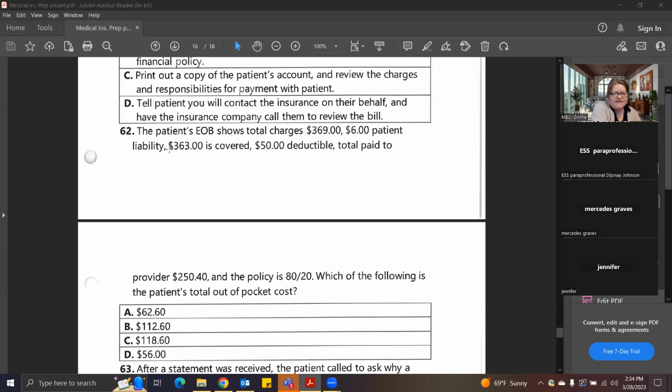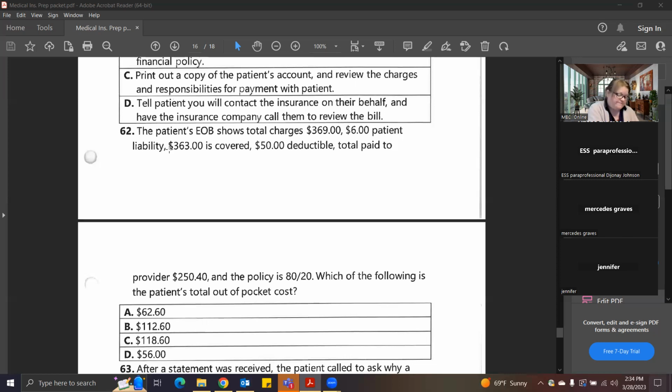So 363 is our covered amount. $50 deductible. So that's going to be the patient's responsibility, right? So $50. And they said $6 patient liability. So that's going to go to the patient. Total paid to the provider was $250.40. The policy is 80/20. What is the patient's total out-of-pocket cost?